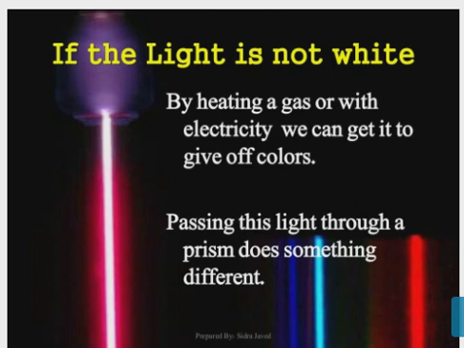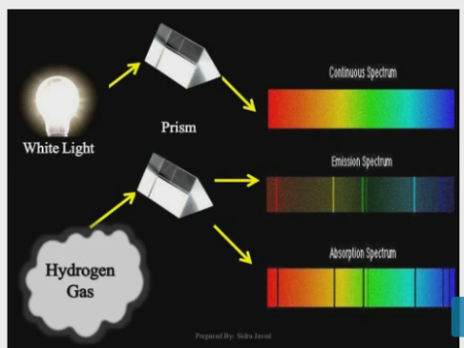When white light passes through a prism, we get a continuous spectrum, and when hydrogen gas is used, which is the main topic here, we get a discrete spectrum. Some are called emission spectra, some absorption spectra.